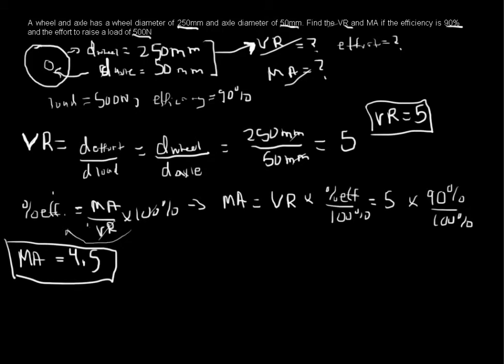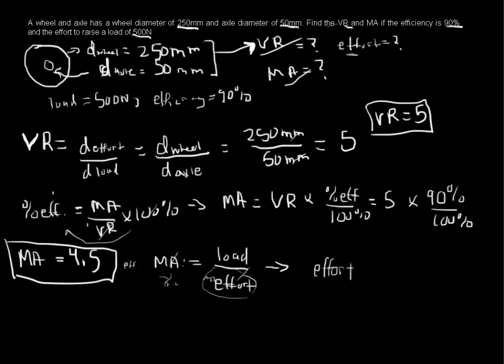Boom, done that. Now we just have one more thing to figure out, our effort. From the definition of mechanical advantage, it's equal to the load over the effort, and effort is what we're trying to find. So isolating for effort: if you don't already know the steps, you multiply both sides by the effort, which cancels this and puts effort here, and then divide both sides by mechanical advantage, which leaves effort by itself.